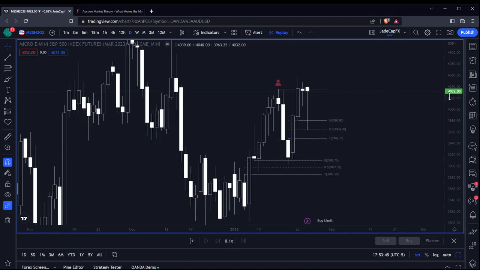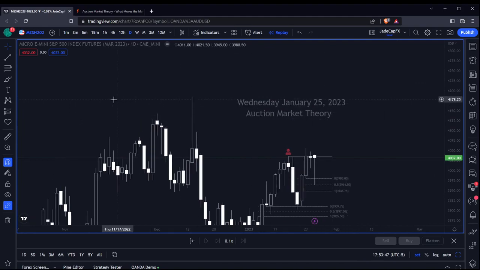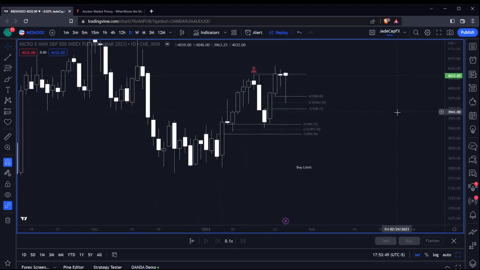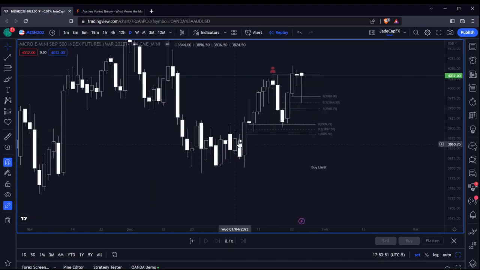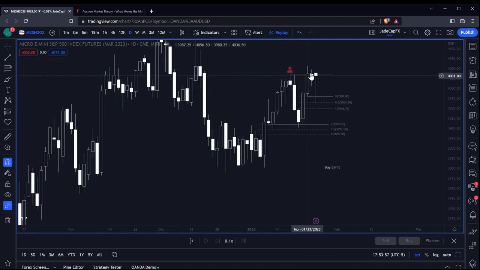If we have targets higher up, 4,200 possibly, the market's had an accumulation phase, a markup, a retracement, a push higher. There's no signs in the market that are currently showing us bearishness.